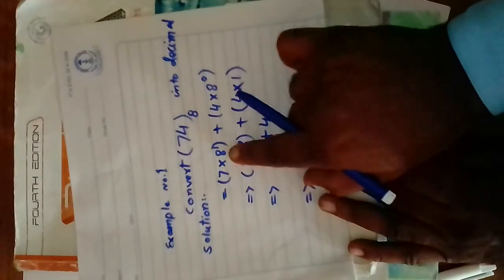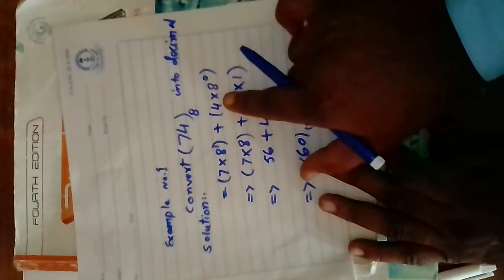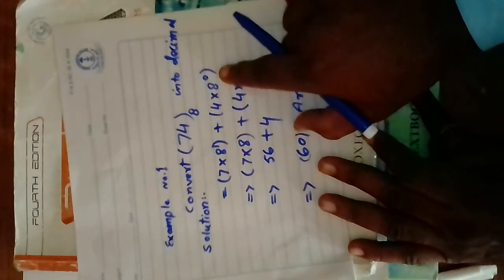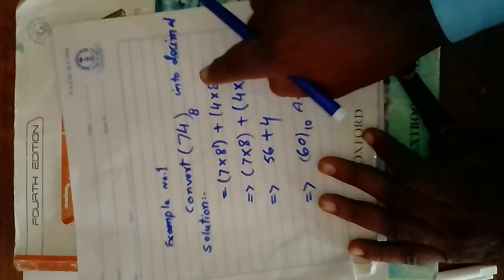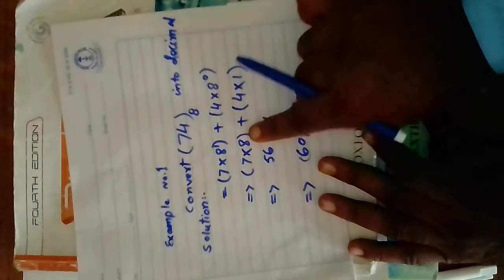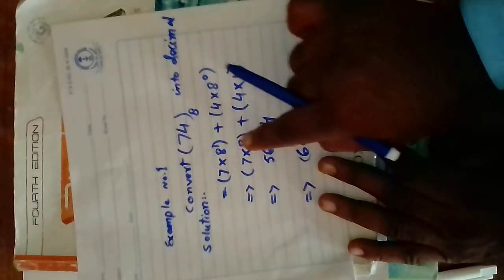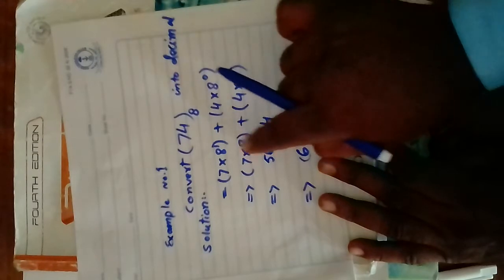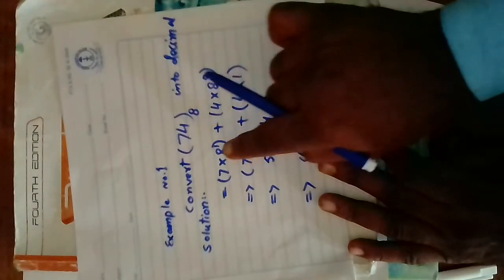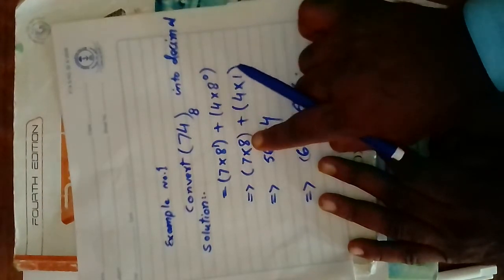The solution is 7 into 8 in brackets plus 4 into 8 in brackets. Now we will put the powers starting from 0. Later on we will solve the brackets. If a power is placed on a number, at first we should solve it. So when we solve 8 to the power 1, the answer will be 8.